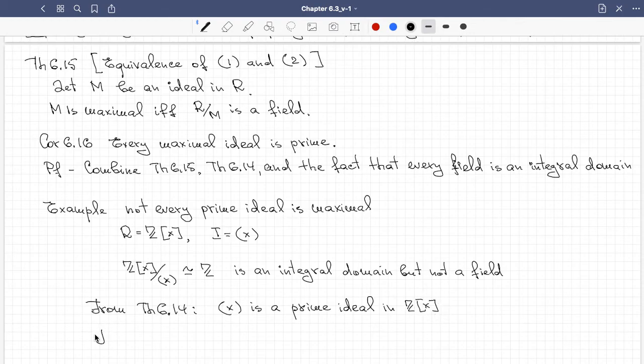And theorem 6.15 allows us to conclude that this ideal is not maximal in the ring, because the factor ring is not a field.